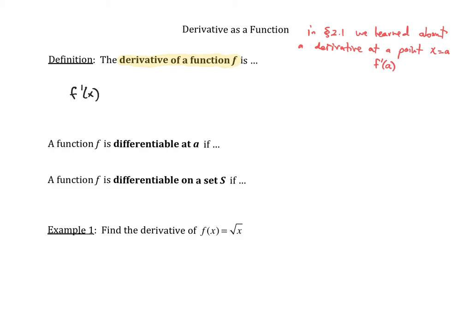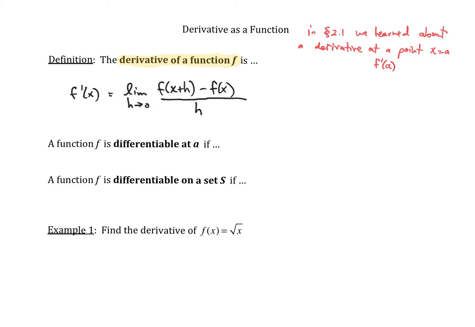And the way that this is going to be calculated is this is going to be equal to the limit as h goes to 0 of f of x plus h minus f of x divided by h.